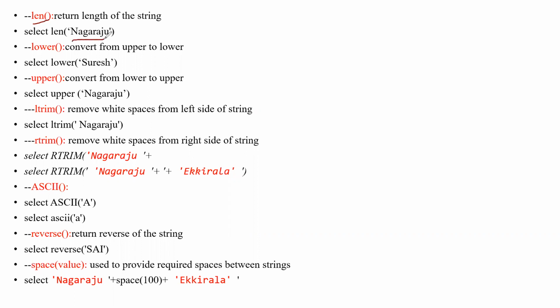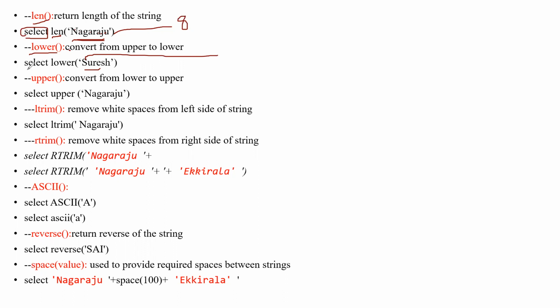For example, if you say Nagaraj, 1, 2, 3, 4, 5, 6, 7, 8. So we are using select like a print function in Python, and we are finding the length of this one, and the output must give 8. And lowercase, if you take Suresh, S is capital, but we are converting all the uppercase to lowercase.